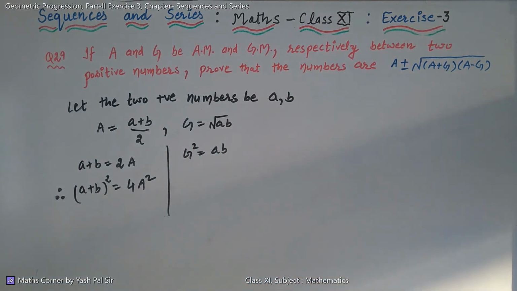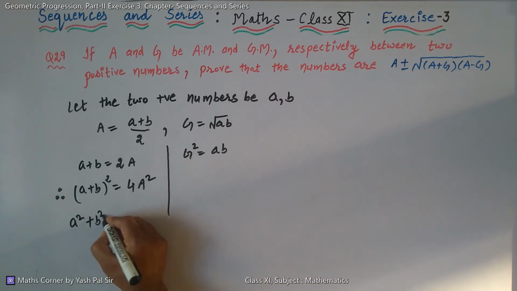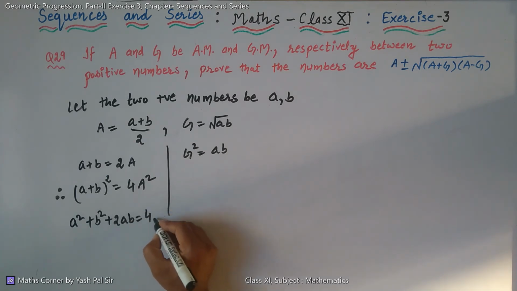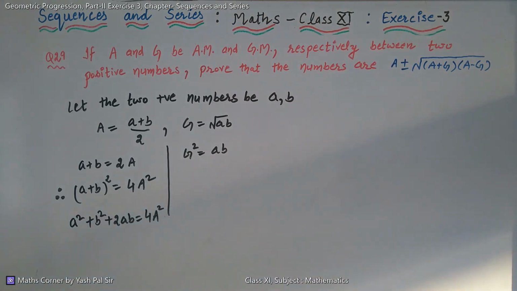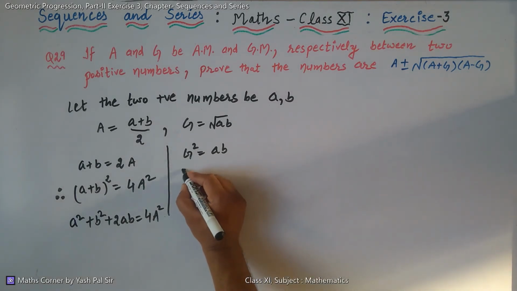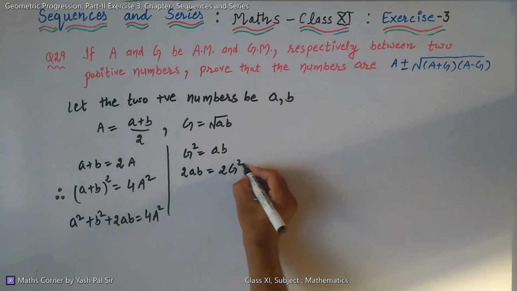Right? So here we have a square plus b square plus 2ab equal to 4A square. So from here, 2ab is equal to 2G square.